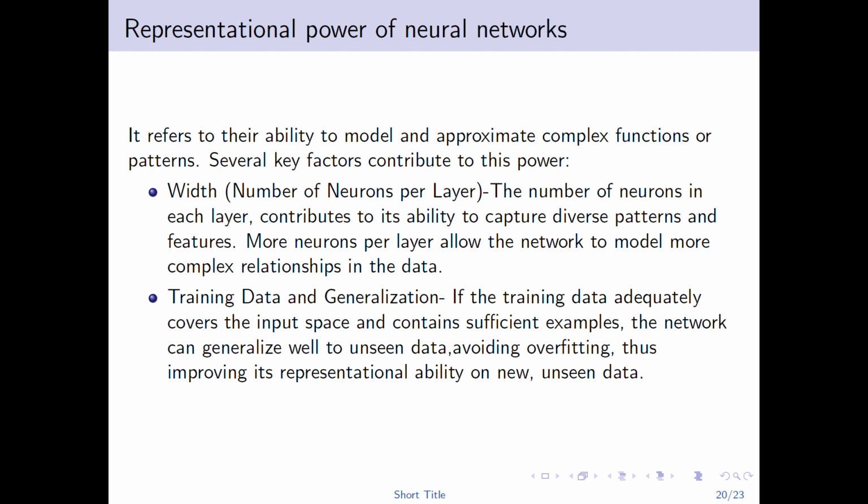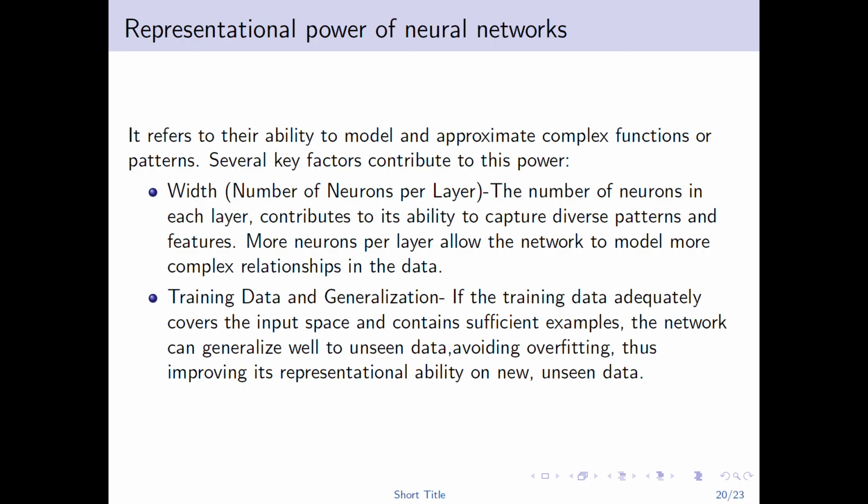Then the next important factor that contributes to the representational power of neural networks is the training data and generalization. If we have an adequate number of samples to train the neural network, it is said that the neural network can generalize well to unseen data, thereby avoiding overfitting and improving the representational ability of the neural network.